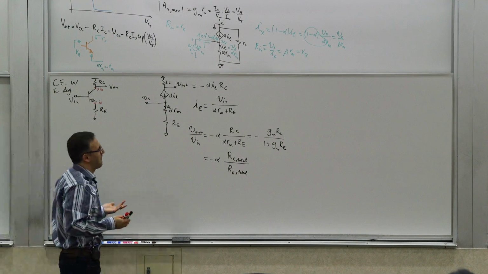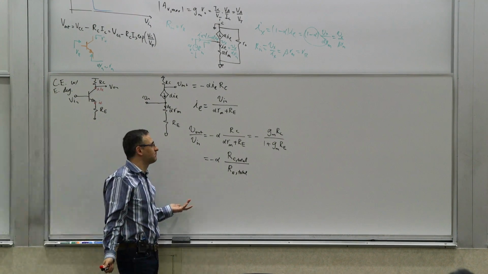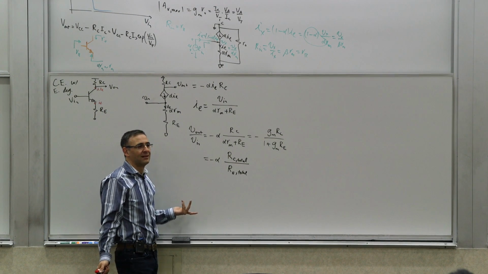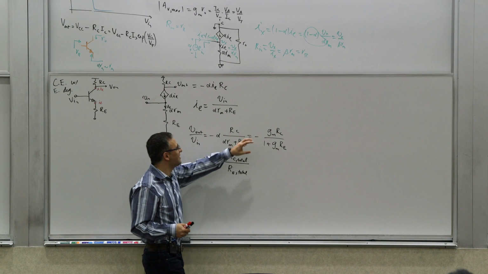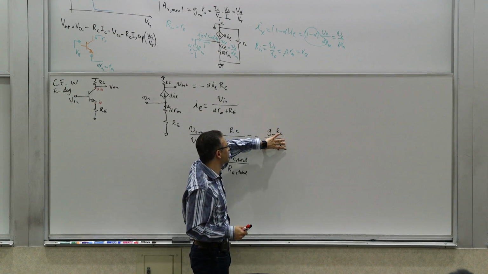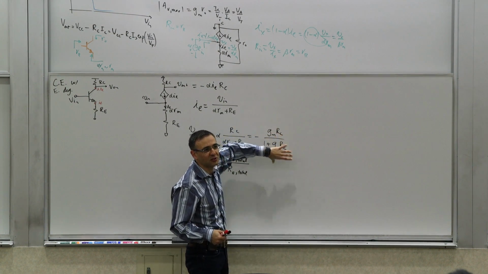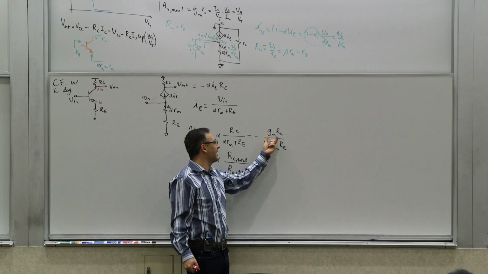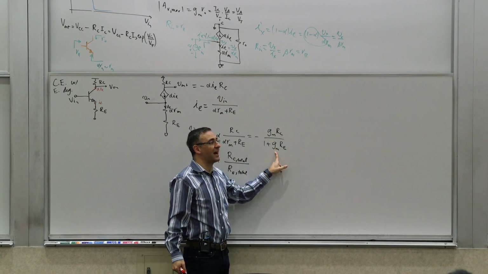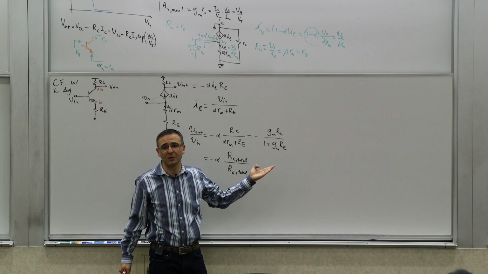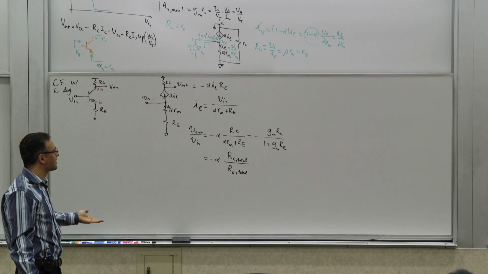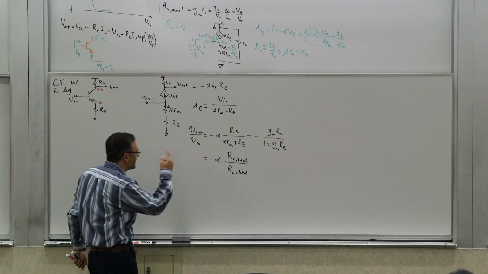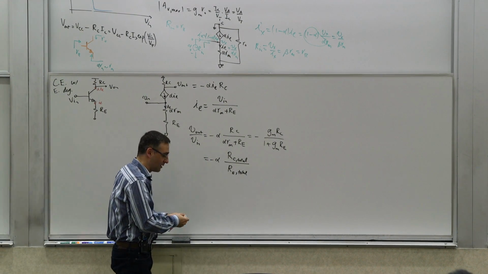You could make arguments about what it shows: this is the gain without degeneration, and this is the reduction of the gain due to the degeneration. Sometimes we write it this way too. Don't take me wrong, we do write it this way from time to time, even if it's necessary. But if you're designing, this is the way you should be thinking about it.